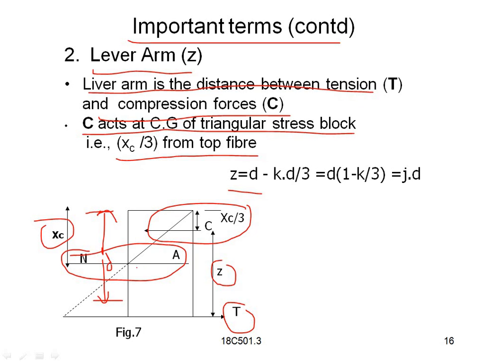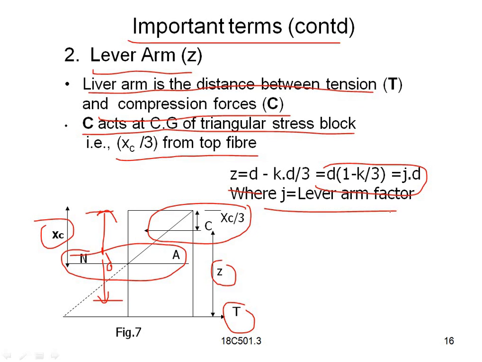So d minus k into d by 3 is equal to d into 1 minus k by 3, which is j into d, where j is the lever arm factor and is determined as 1 minus k by 3.